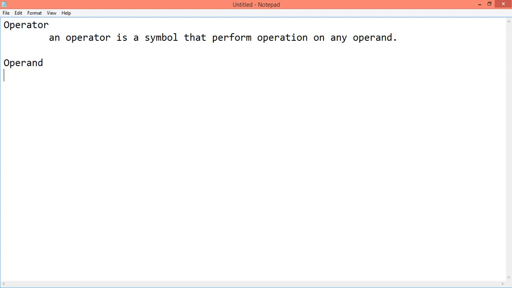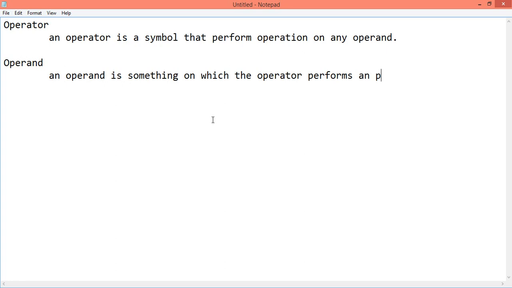So an operand is something on which the operator performs an operation. I hope it is clear to everyone.